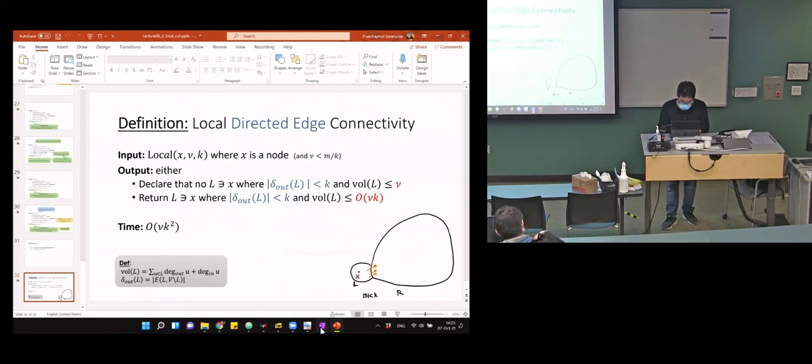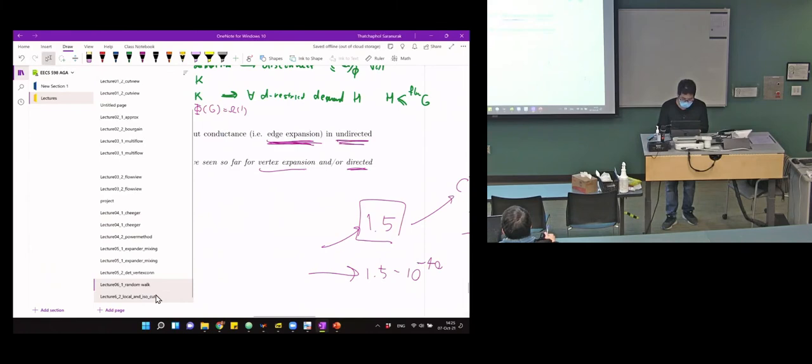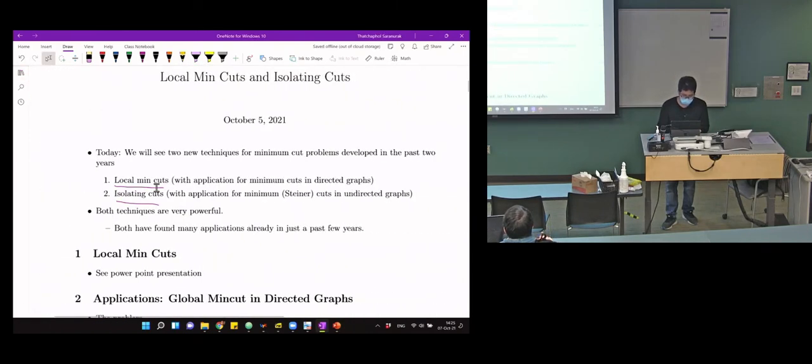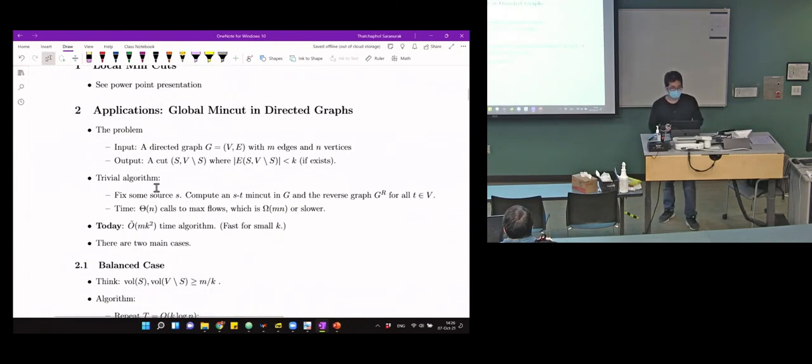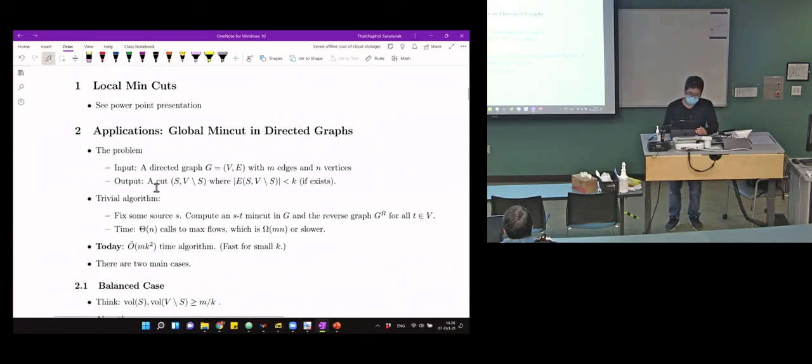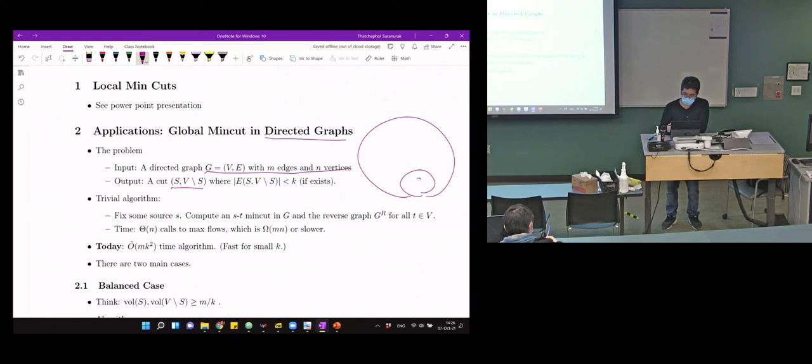And now, actually you can use this algorithm to solve some cut problem where, suppose that you have a directed graph G with m edges and n nodes, and you want to find if there is any cut at all such that the number of edges going out is less than k.